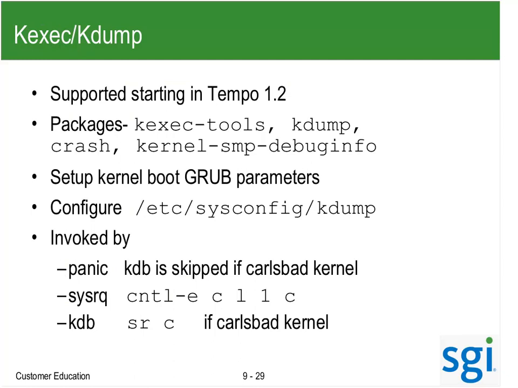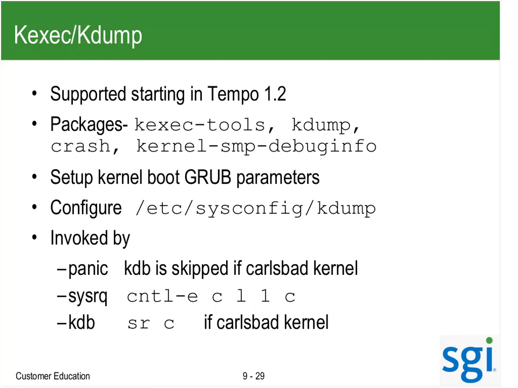Next is dumps, supported since Temple 1.2, so there are several packages, kexec-tools, kdump, crash, and again the debug info is off on a separate website. It's not integrated into SLES. A couple of grub parameters have to be changed, configure /etc/sysconfig/kdump, and again a dump can be invoked by a panic.